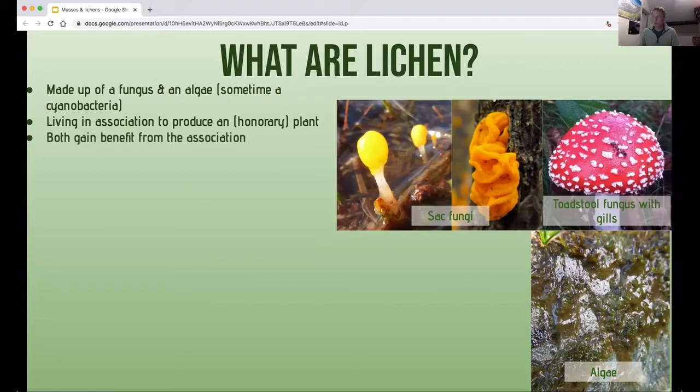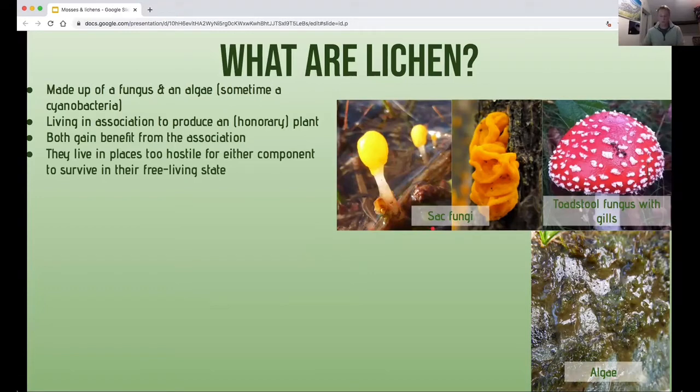If you've ever looked underneath a button mushroom when you're cooking, you get the gills. The fungi with gills generally don't make lichens, but the ones called sac fungi do produce lichens. About 20% of all fungi in the world can produce lichen, so it's a significant form for them.